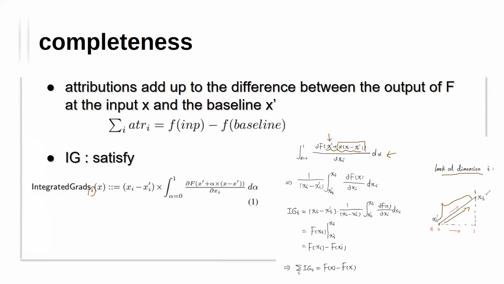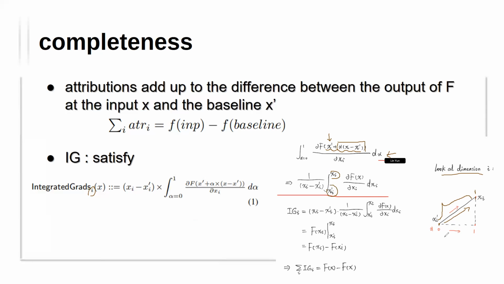So you're talking about this step. When alpha equals 0 I replace it with xi prime, and we end up at xi. But the problem is how to replace alpha.